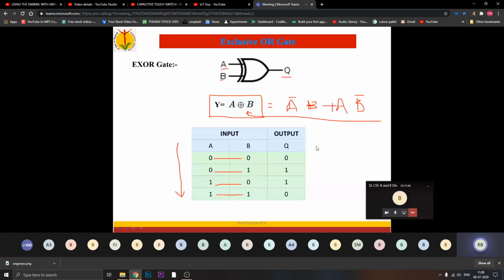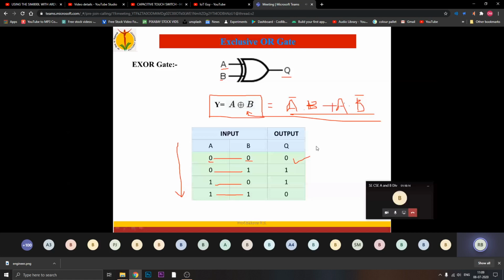When I assign A value 0 and B value 0, how do we get output 0? In this equation, one term has a complement multiplied by the other variable as it is, and the second term has the second variable complemented.